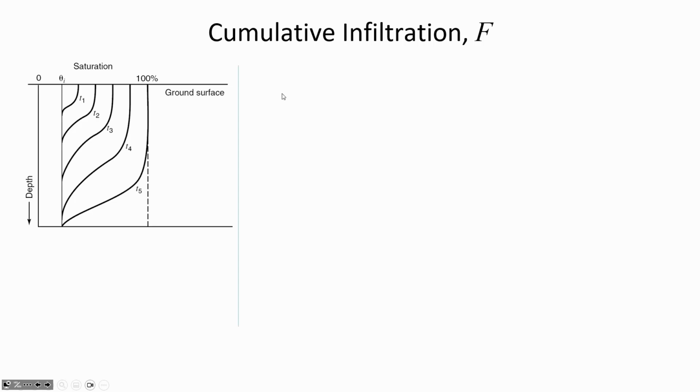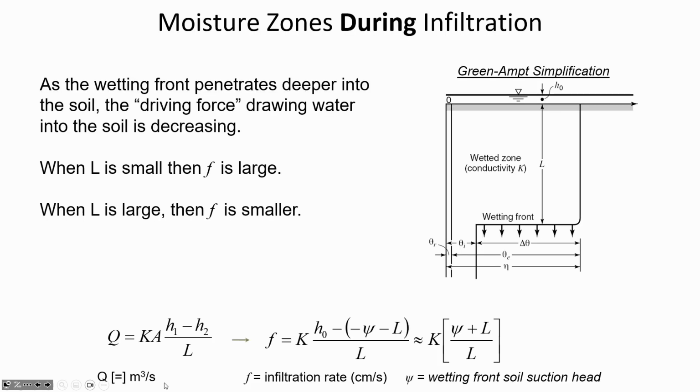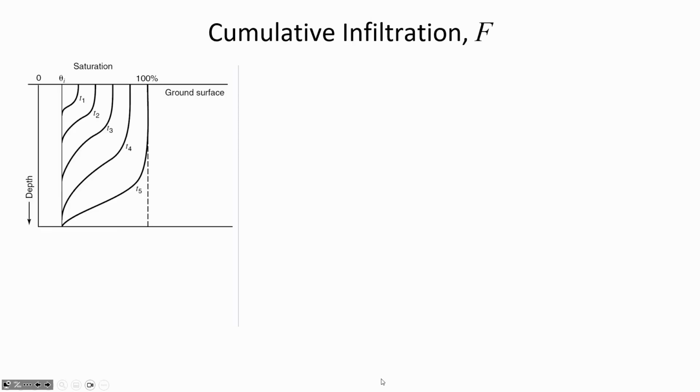So over time, we could find the cumulative infiltration. This lowercase f is infiltration rate. So if you look at the units, it's centimeters per second. Cumulative infiltration would have units of length. So what we're going to have to do is multiply the infiltration rate by some time period and find out the cumulative effect.